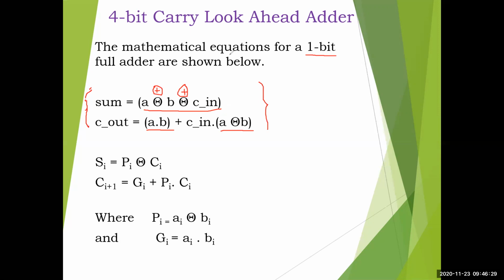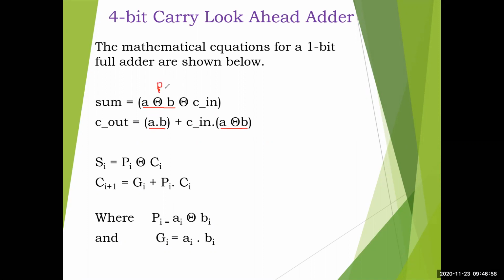Now in this expression, I'm going to make the propagate and generate signals. In sum I have a XOR b, and in cout also I have a XOR b. In cout I have another a dot b here. So a XOR b, we will substitute as pi.